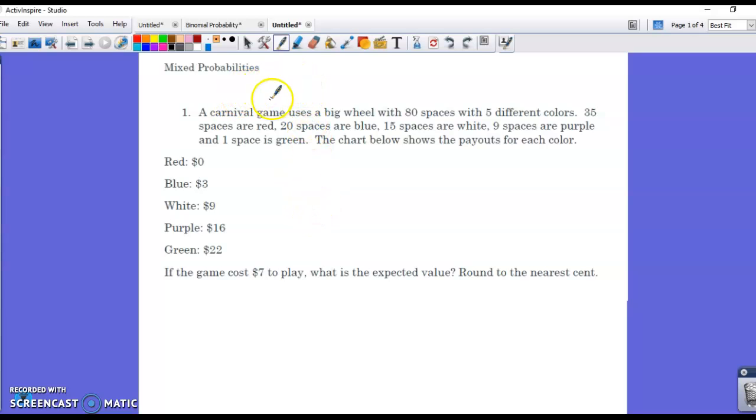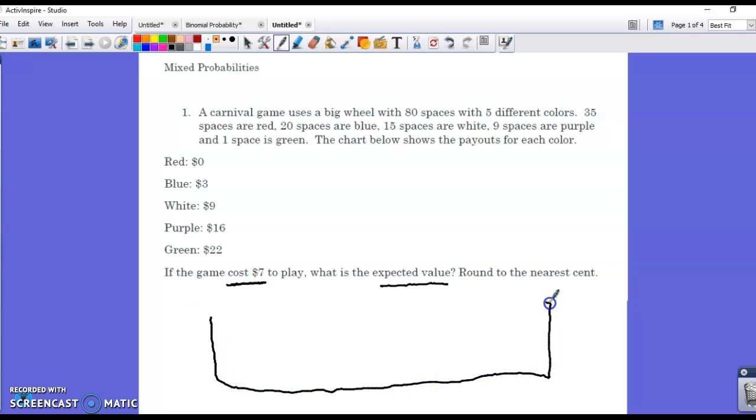So a carnival game uses a big wheel, 80 spaces, five different colors: red, blue, white, purple, green. There's your payoffs. If the game costs $7, we're going to take care of that at the end. What's the expected value? Because remember, expected value is that chart.